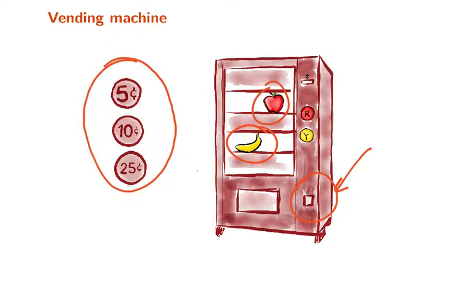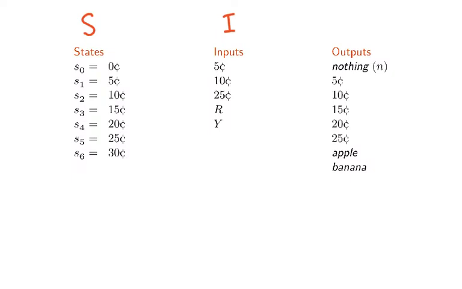What are the possible excesses? Well, the set of outputs is going to be either you obtain nothing, this is one possibility, or you obtain 5 cents as change, or 10 cents, or 15 cents, or 20 cents, or 25 cents. So check that these are the only possible changes that you can get. Or you may get a banana or an apple, right? So this will then be the finite set of outputs.